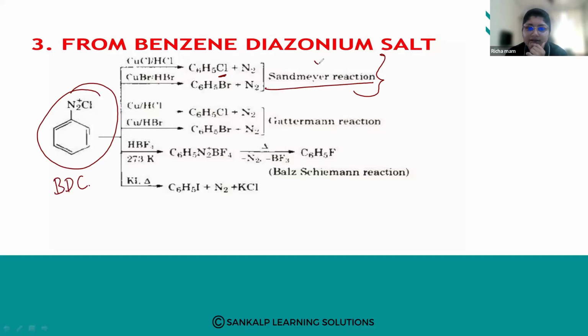This is Sandmeyer's reaction, important. For iodobenzene, there is no requirement of cuprous salts, because if you heat it with KI, it will be replaced. So this is the reaction.